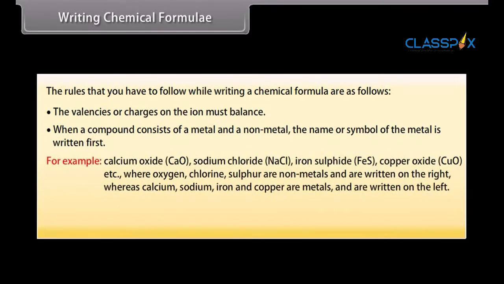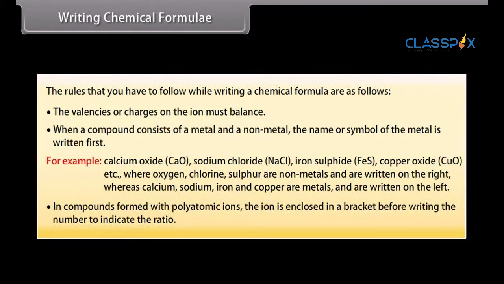For example, calcium oxide CaO, sodium chloride NaCl, iron sulfide FeS, copper oxide CuO, etc., where oxygen, chlorine, sulfur are non-metals and are written on the right, whereas calcium, sodium, iron and copper are metals and are written on the left. In compounds formed with polyatomic ions, the ion is enclosed in a bracket before writing the number to indicate the ratio.